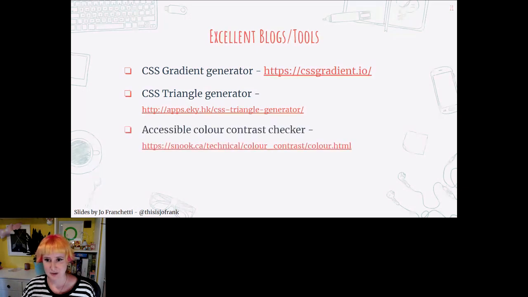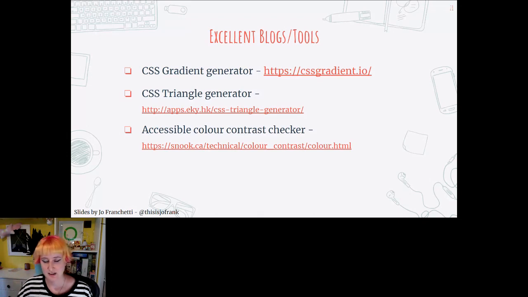The accessible color contrast checker is actually built into Chrome now. The code snippet tools that were mentioned are the ones that come with your editor. So VS Code will allow you to, for example, type in a shortcut and it'll fill out the basics for an HTML page for you.